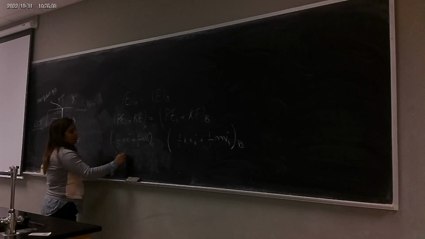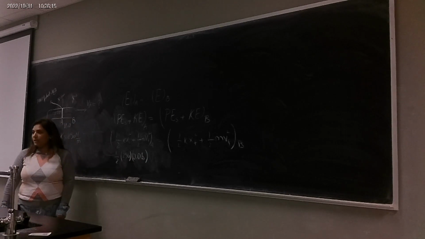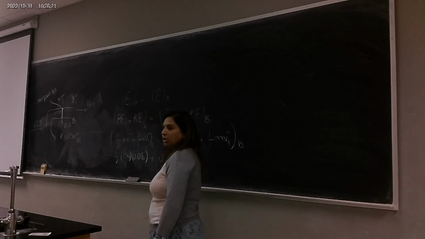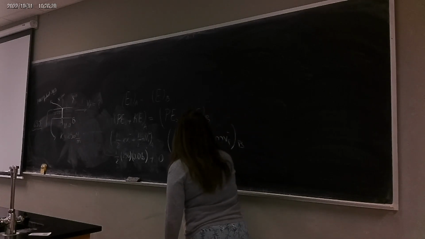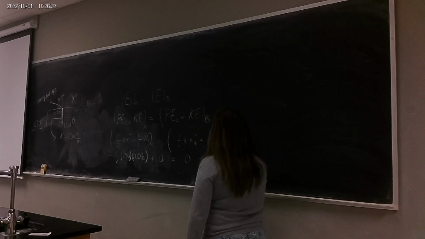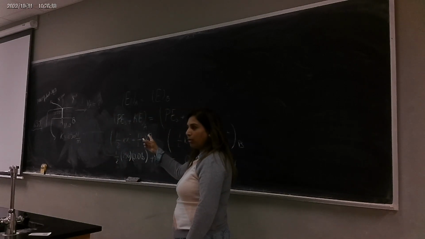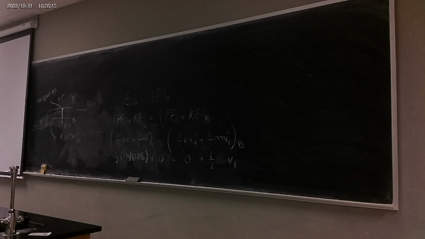Half 250 times 0.06, the distance in meters by which the spring has been compressed, plus 0, because initial speed is 0, equal to this one, final position is 0 as well, plus half m vf squared, m is 10 gram, and you do need to convert it to kilogram. You converted it? Divided by 2.